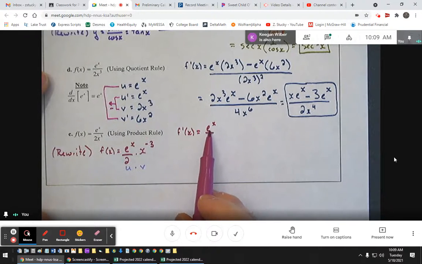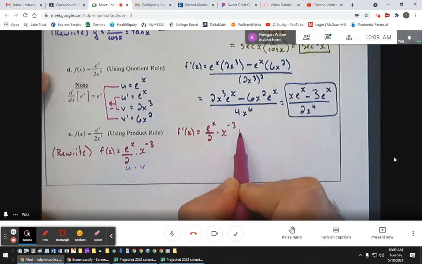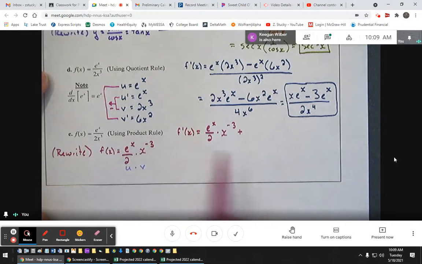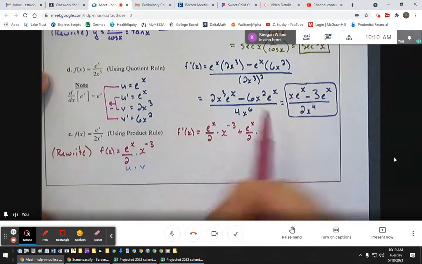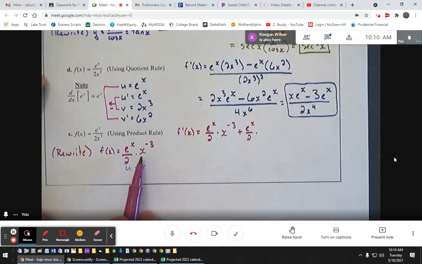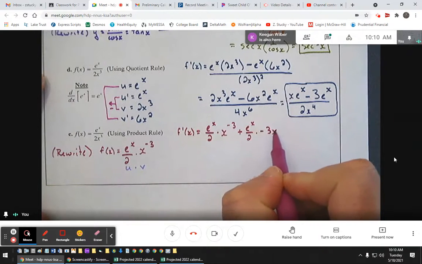So it's u prime times v. V is x to the negative 3. Plus u, which is e to the x over 2, times v prime. So if v is x to the negative 3, what's the derivative of that? Negative 3x to the negative 4. Good job.